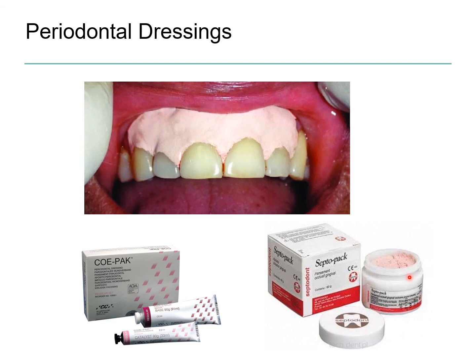Another one is Septopack, which is widely available in the UK. It is basically a semi-solid type material which you knead with your fingers, and you can simply adapt it onto the gingival soft tissues to minimize bleeding and aid healing. You would not normally use them, but so that you know that these periodontal dressings can be used to aid hemostasis.